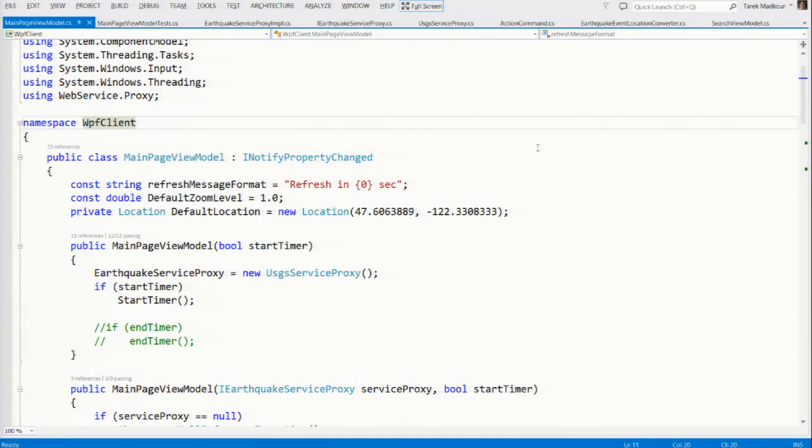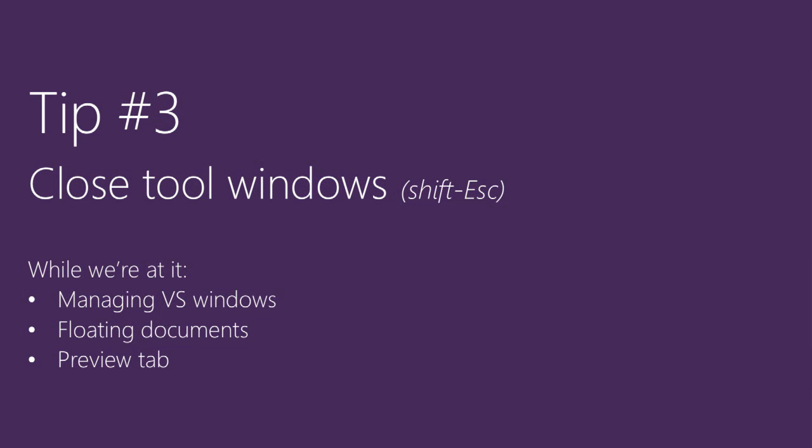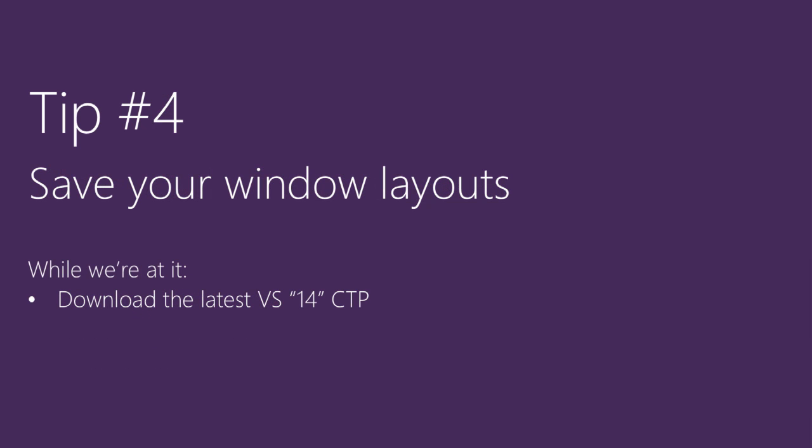Which takes me to the next tip that I have for you. Let's see if I hit the right key this time. Which is tip number 4, which is one I'm not going to demo because it's not on a product that I have on my machine or one that you have in your hands right now. It's in the Visual Studio 14 Community Technology Preview, which we actually released.